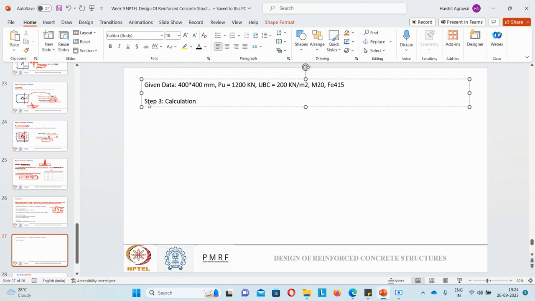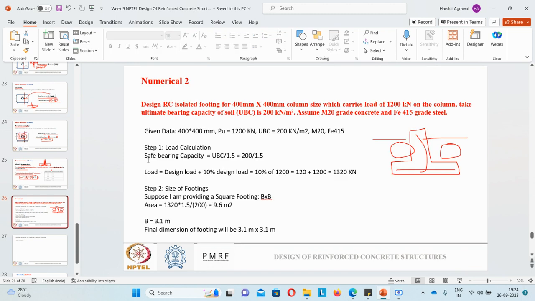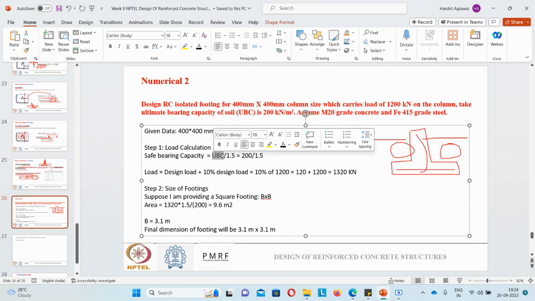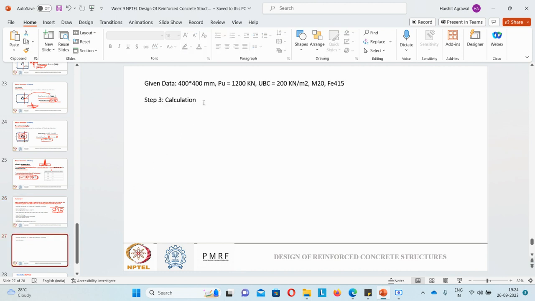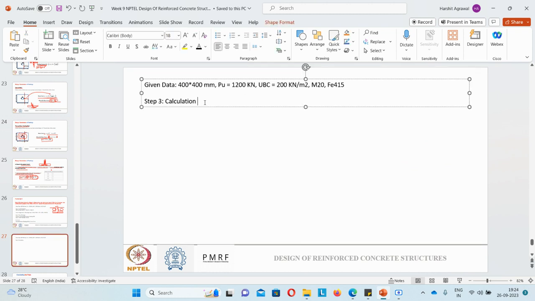When you're choosing the dimensions, you don't need the factor of safety. Why? Because we are dealing with safe bearing capacity of soil. If ultimate bearing capacity of soil is given, then we need to take factored load. But if safe bearing capacity of soil is given, then we need to take unfactored load while designing the size of the footing. But when we are calculating the net upward pressure, then we need to take ultimate load only.